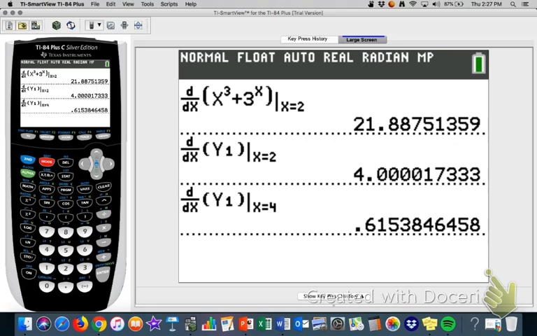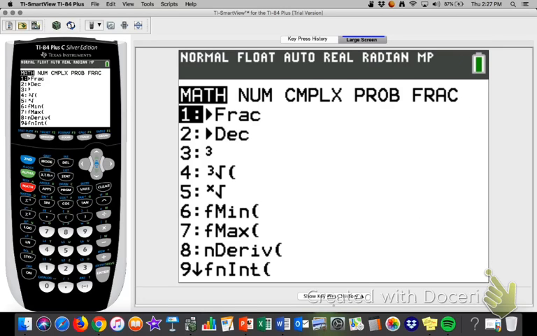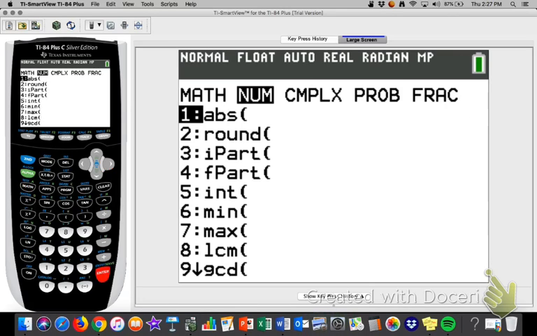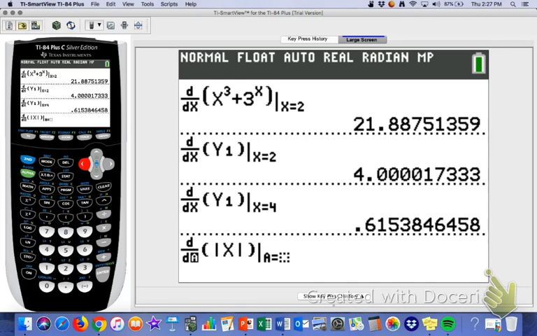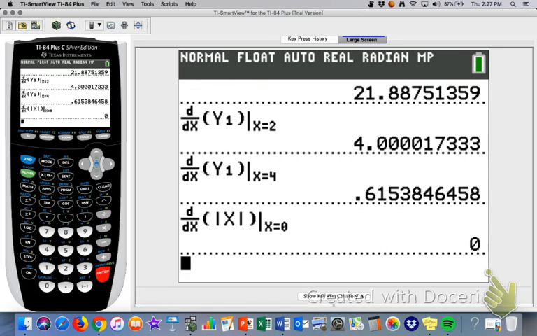Okay, if we try to calculate the derivative of the absolute value of x, make sure you're doing d dx, at 0, it tells us that it's 0. And we have to be a little bit smarter than our calculator in this case and know that f prime of 0 does not exist due to that sharp turn.